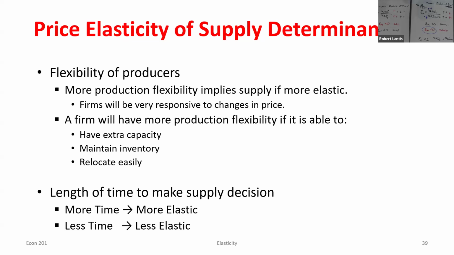And then similar to demand, if I have more time to make my production decisions, what should be true about the elasticity of supply? If I have more time, I can be more responsive, or more elastic. Same kind of thing with consumers, right?